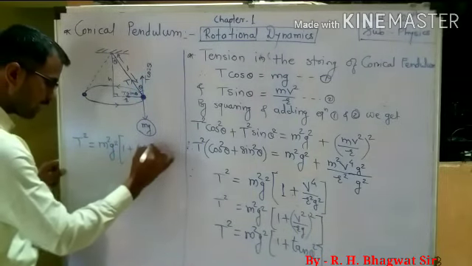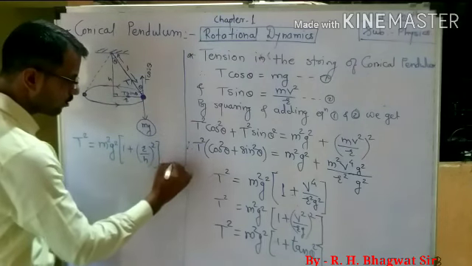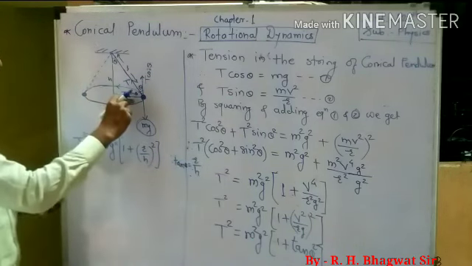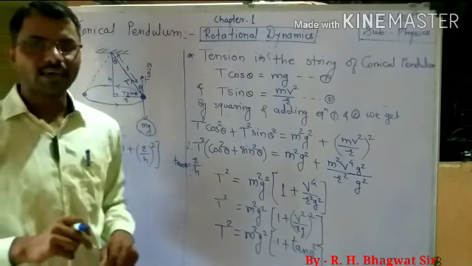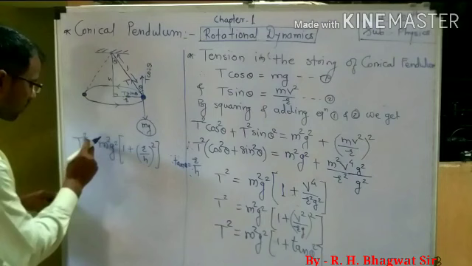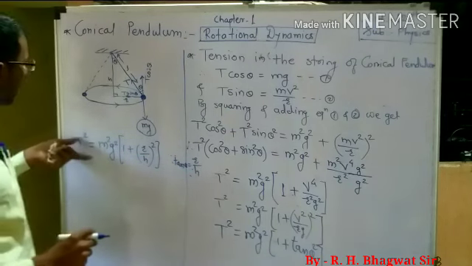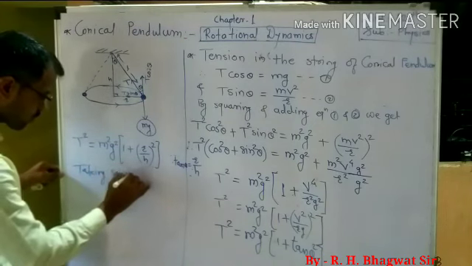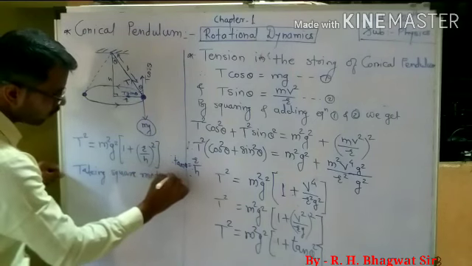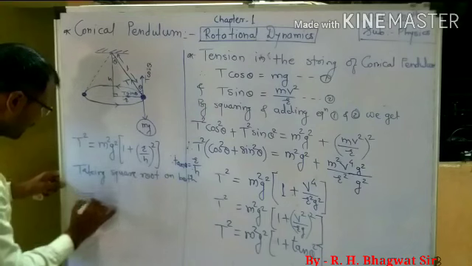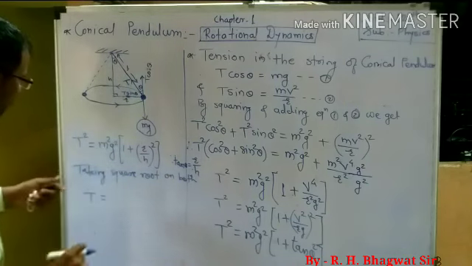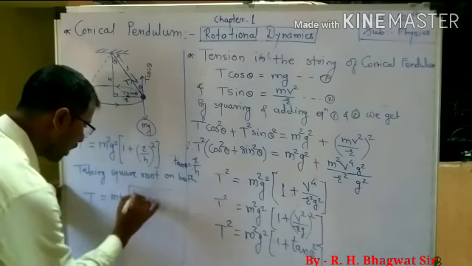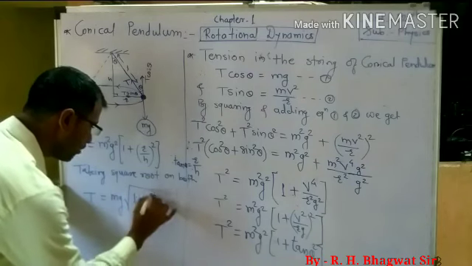Since we can write tan theta is equal to r upon h from the figure, now taking the square root, we have to calculate not T square but the tension capital T, therefore taking square root on both sides, we get T is equal to mg, in bracket under root 1 plus (r upon h) bracket square.